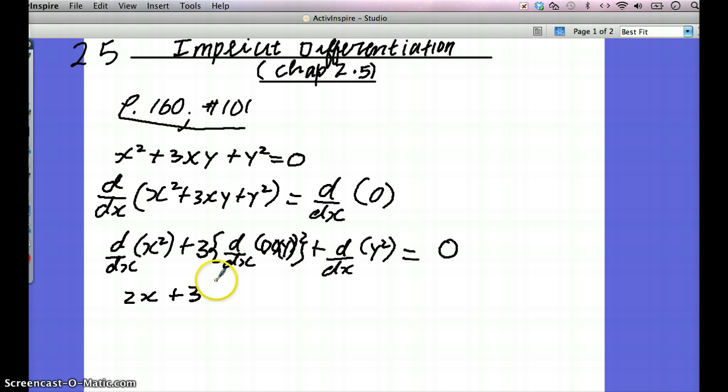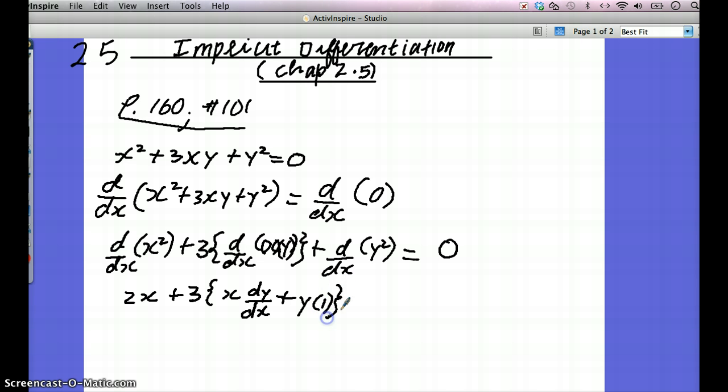So we're going to do x times the derivative of y, and you know the derivative of y is dy by dx, plus y times the derivative of x. Derivative of x is simply 1.